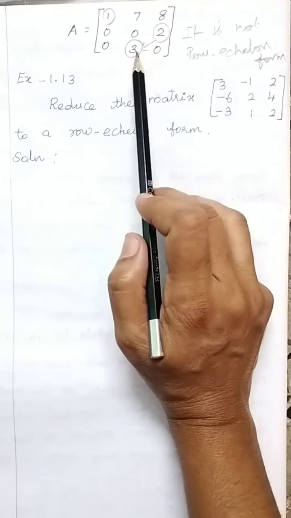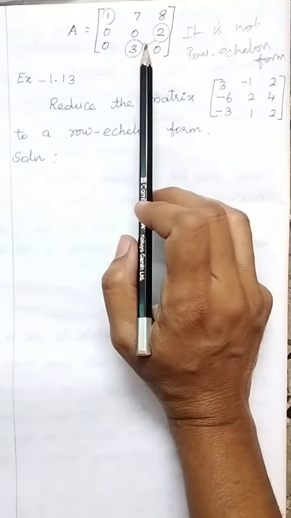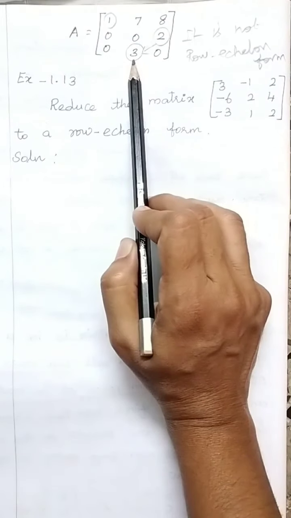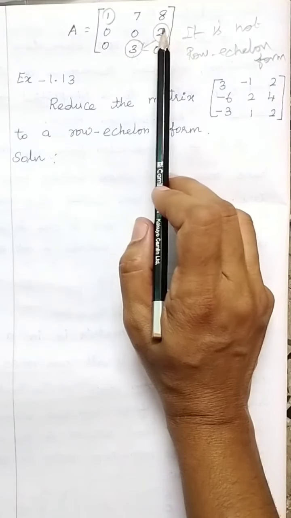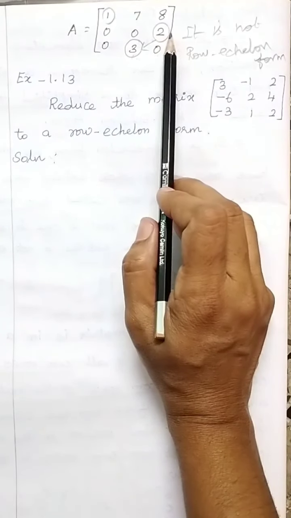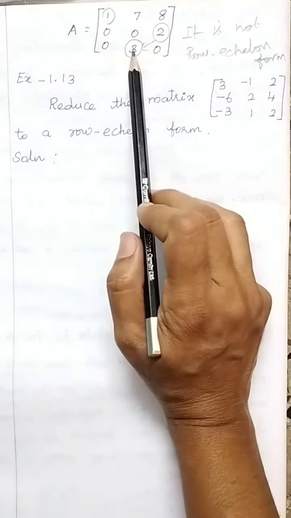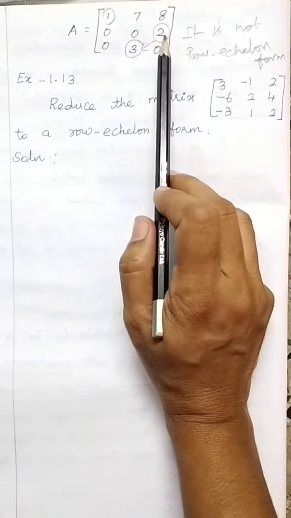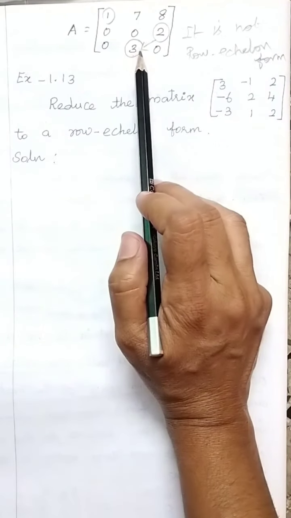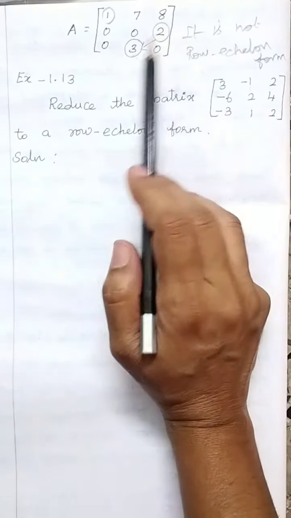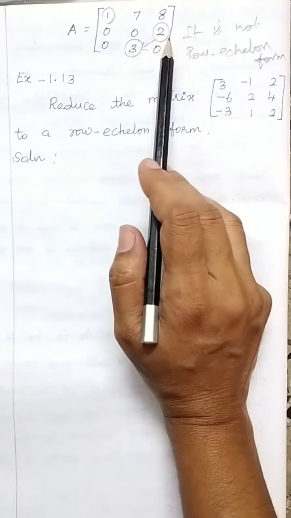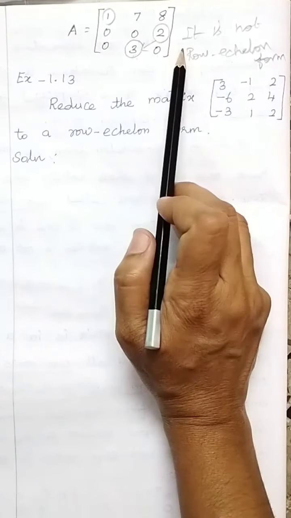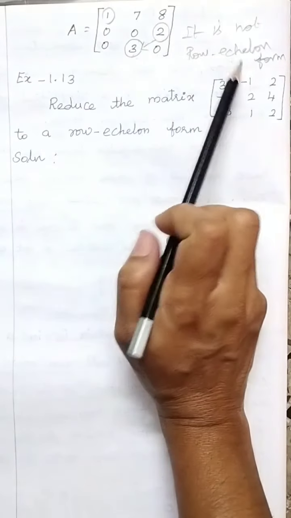Here this is our lowest row, this element occurs in column 2, but our second row element occurs in column 3. So this element is to the left side of this one, so it is not a row echelon form, because this element should always come to the right side of this element for the matrix to be a row echelon form.